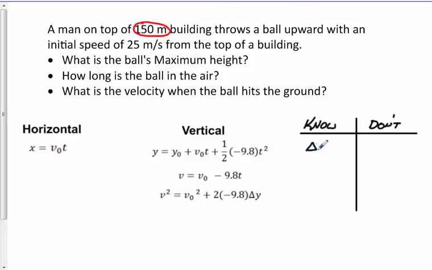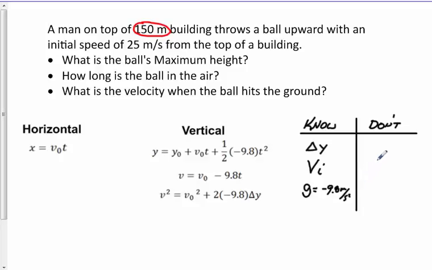This I know. I'm going to throw a ball upward with an initial speed of 25 meters per second, so I know my initial velocity here. Other thing we know is gravity. We know gravity is equal to negative 9.8 meters per second squared.